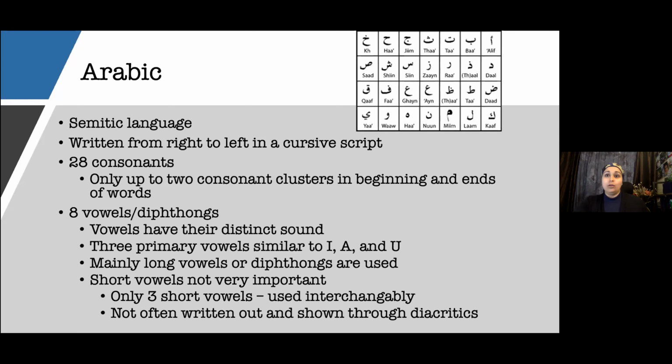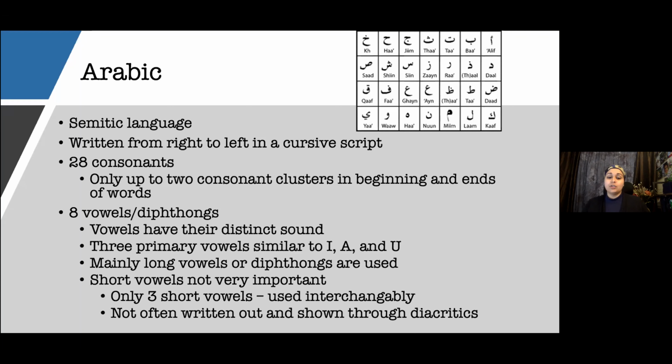There are 8 vowels and diphthongs. Vowels each have their distinct sounds. There are 3 primary vowels similar to I, A, and U. Mainly long vowels or diphthongs are used in Arabic. Short vowels are not very important. So again, when they are writing or speaking in English, they tend to cut out those short vowels, because they're ignored in Arabic.